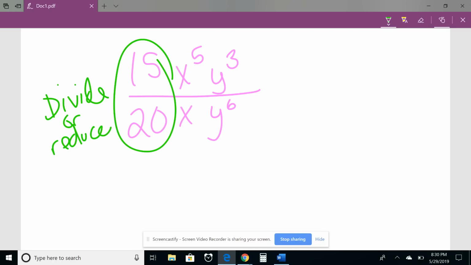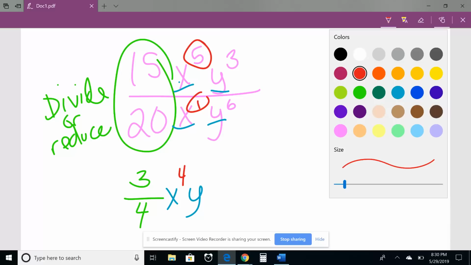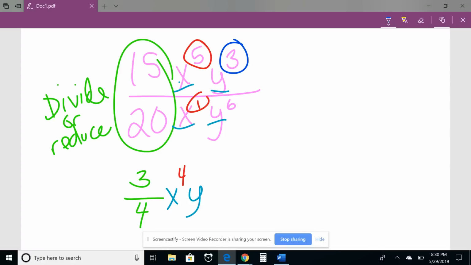So 15 divided by 20, those are both divisible by 5, and that reduces to 3 over 4. We keep the bases, x and y, and we subtract the exponents. So 5 minus 1, remember, don't forget, that's a 1 there, is 4. 3 minus 6 is negative 3.